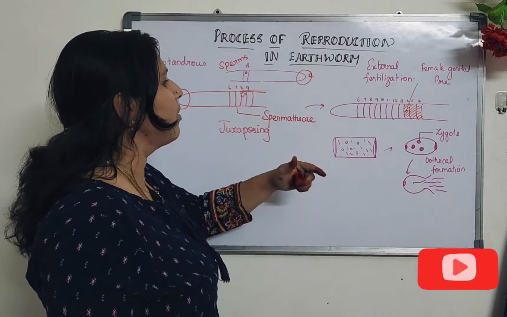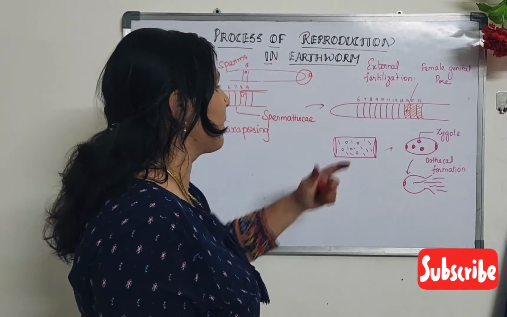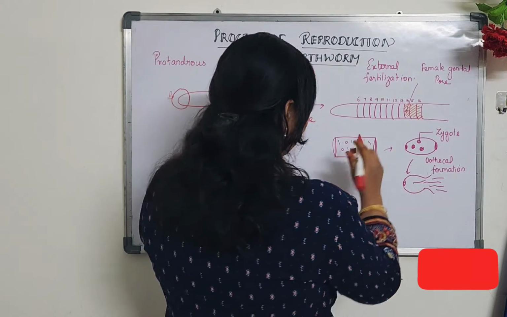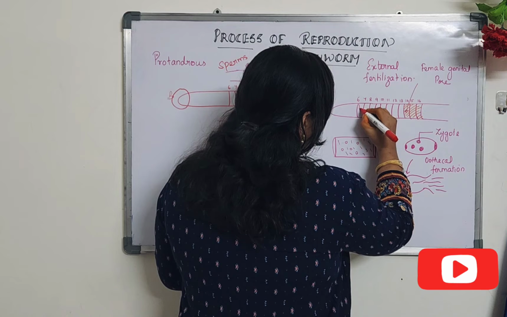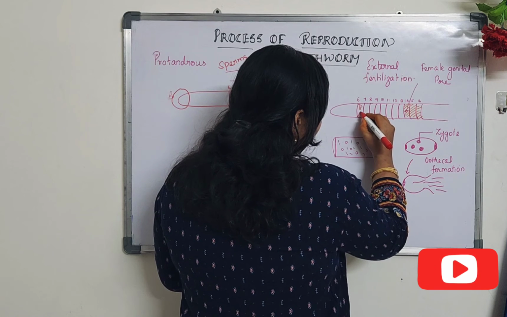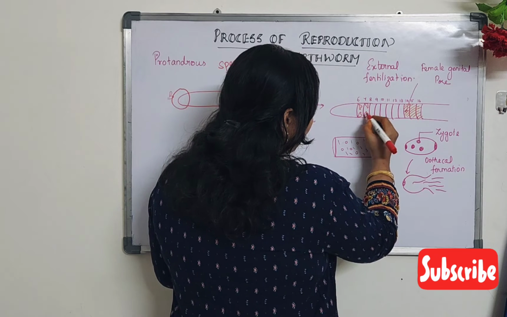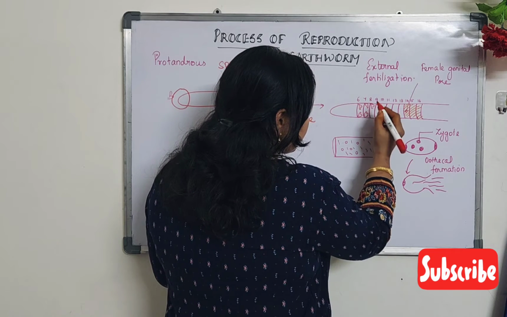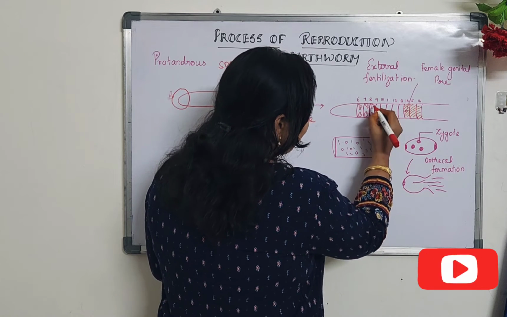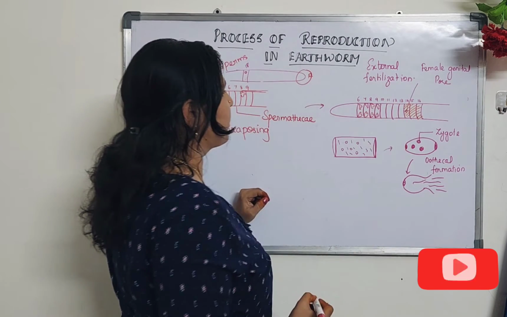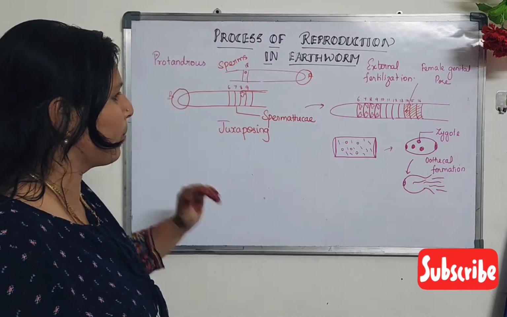And how does the fertilization, how does the reproduction occur? As we all know, the spermathecae is the part where the sperms get stored. The male sperms are deposited in the spermathecae of the other earthworm, as we discussed during copulation.